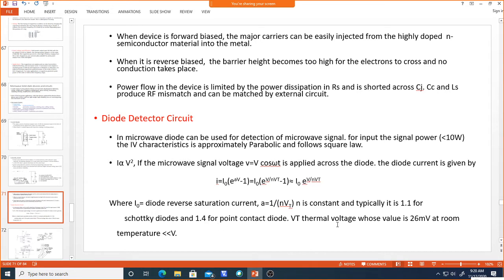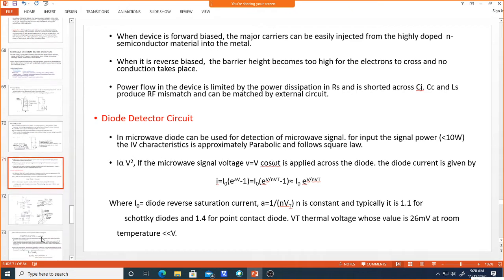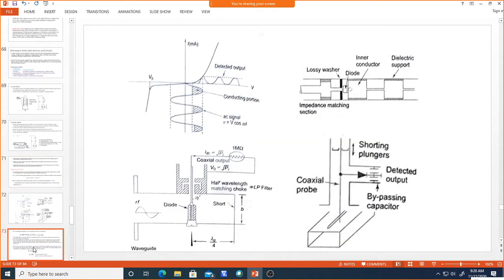As I said, VT is the thermal voltage, which is 26 millivolt at room temperature, far less than the amplitude of the signal. So this is about the Schottky diode.